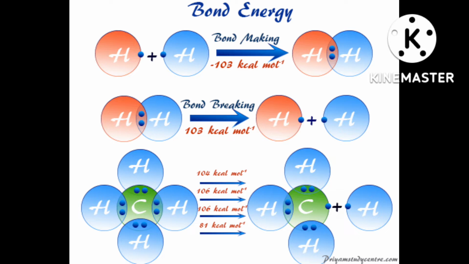Generally in breaking, heat is required. The enthalpy change in this process is known as enthalpy of atomization. The enthalpy change means heat change. It is the enthalpy change on breaking 1 mole of bonds completely to obtain atoms in the gas phase.